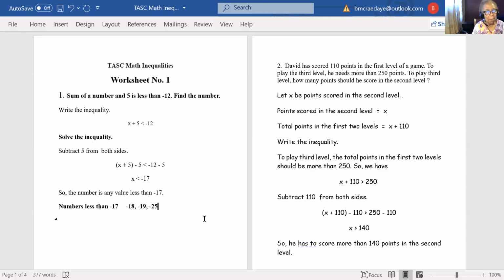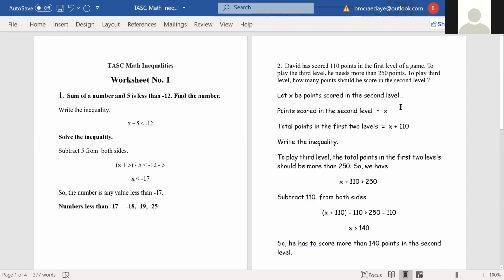All right, let's look at number 2. Can everyone see number 2? David has scored 110 points in the first level of a game. To play the third level, he needs more than 250 points. To play the third level, how many points should he score in the second level? Now, he already has 110, right?